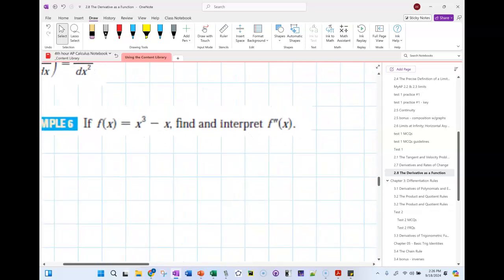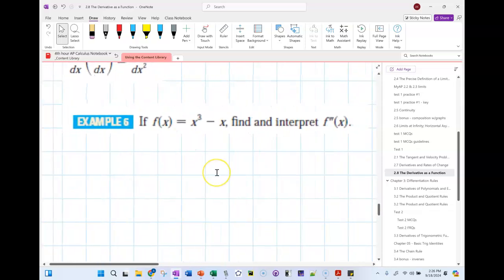Okay. So it says, if f of x equals x cubed minus x, find and interpret f double prime of x. This looks familiar, right? We did this example earlier, right? We already know this.